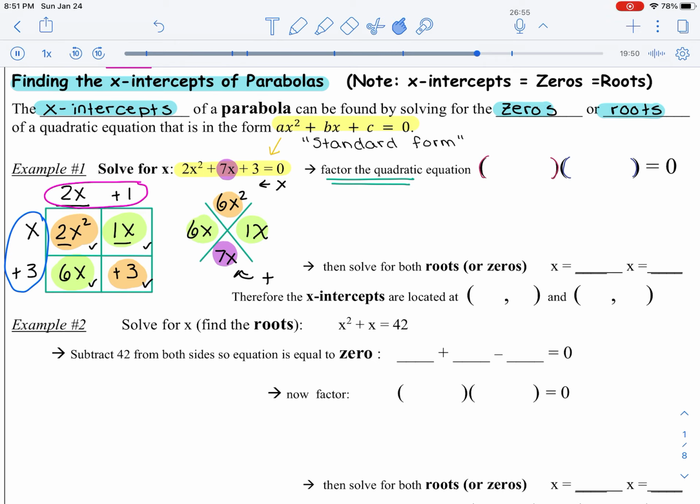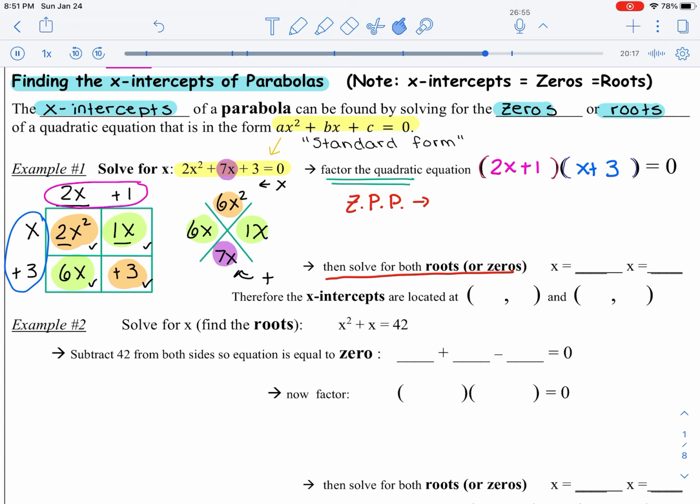We have 2x plus 1 times x plus 3 equals 0. Now I'm going to solve for both of my roots or zeros using my zero product property, or ZPP.